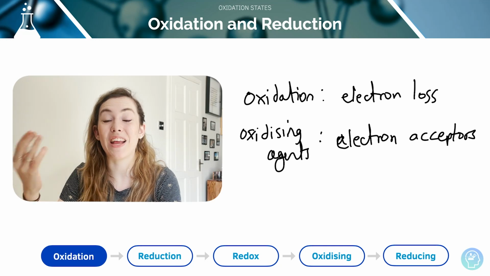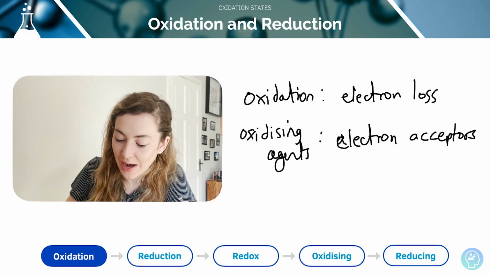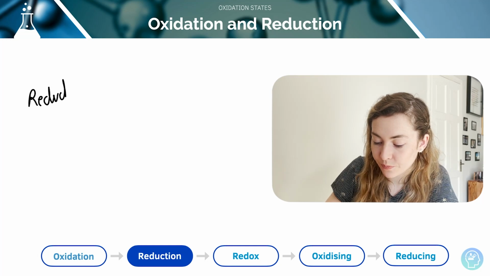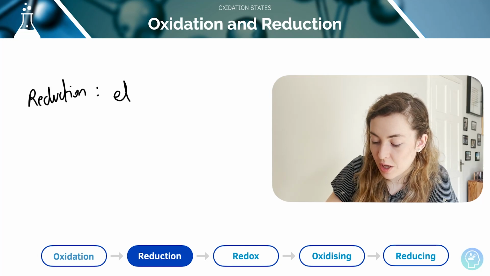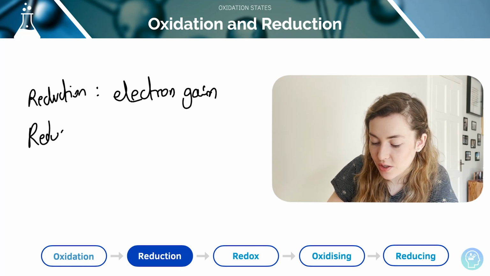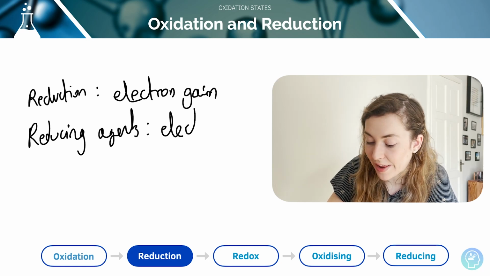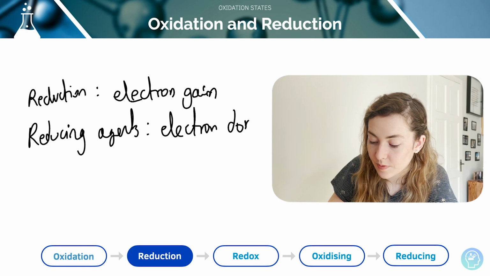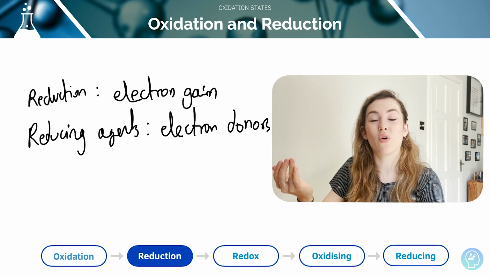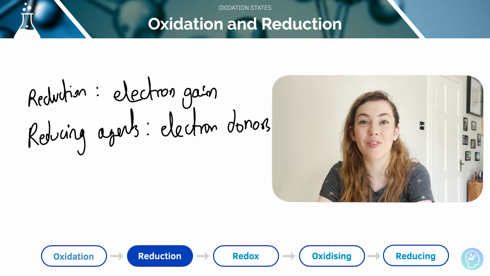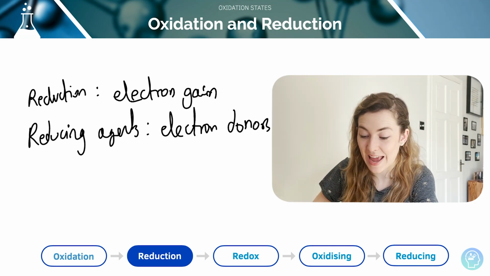They're an oxidizing agent, so the other compound that they're acting on gets oxidized. And then when we're talking about reduction, we're talking about the process of electron gain. And reducing agents are electron donors. So they themselves get oxidized and the compound that picks up, or the atom that picks up those electrons, is reduced, hence it is a reducing agent.